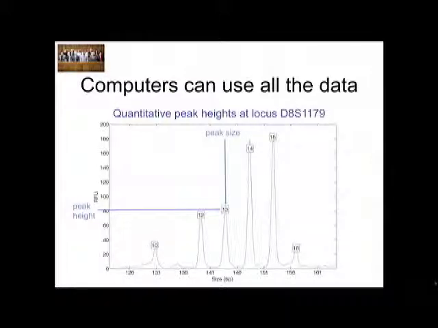Again, horizontally, it's telling us the size on the x-axis. Vertically, it's telling us how much DNA is present up to random variation. That's the peak height. So the peak of 13 is showing an allele of 13 with a certain amount of DNA. So this is the data that we start with and what the computer has to reason from this locus and all the other loci.